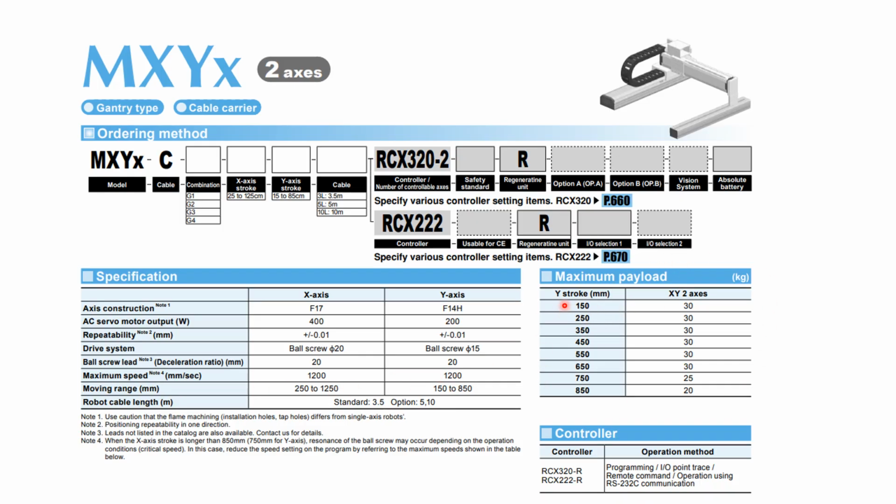As you have more and more Y stroke, that will act as a cantilever, so you can see the payload capacity is decreasing. You need to take into consideration how much stroke you have and what payload results. So these are some very important terminologies when we are selecting, or when we see the catalog of any industrial robot.